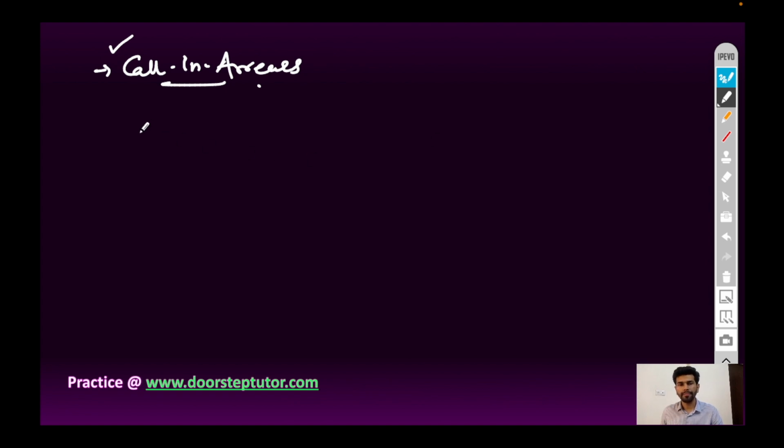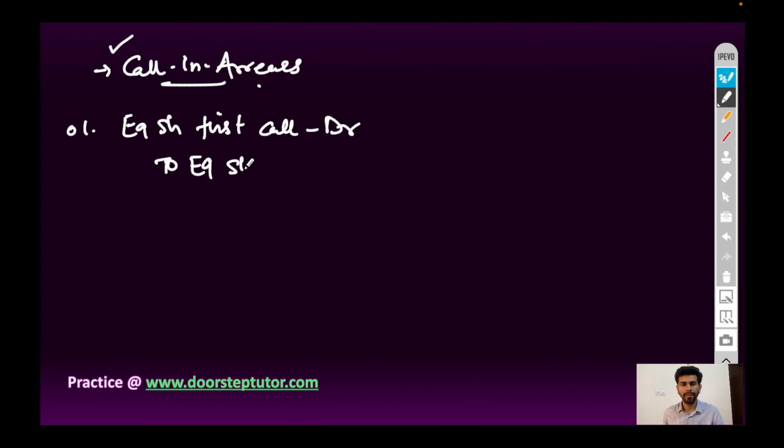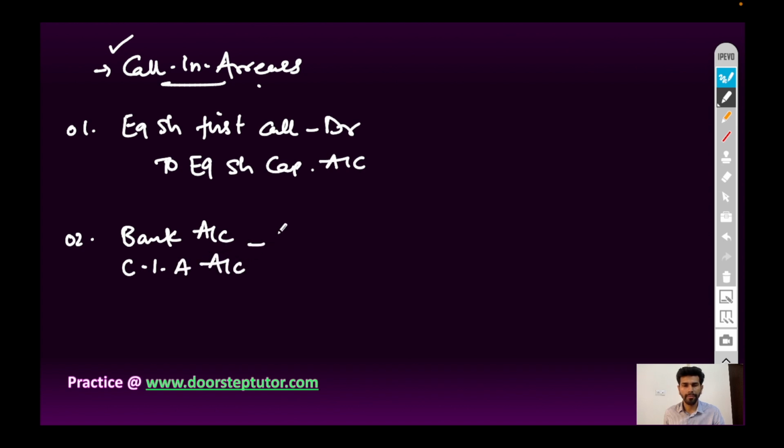So in case of call in arrears, the journal entry will be: first entry will be equity share first call account debit to equity share capital account, and second entry will be bank account debit, call in arrears account debit to equity share first call account.